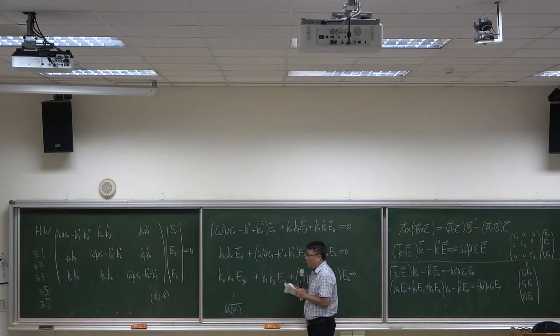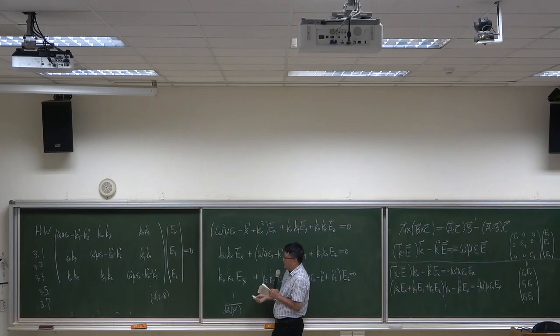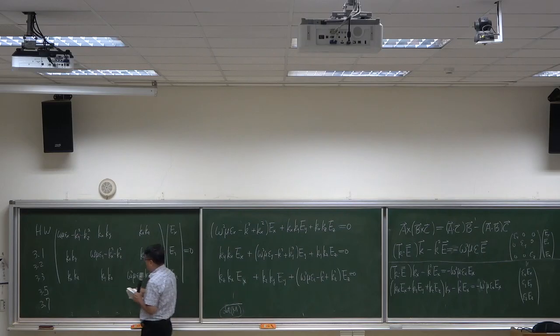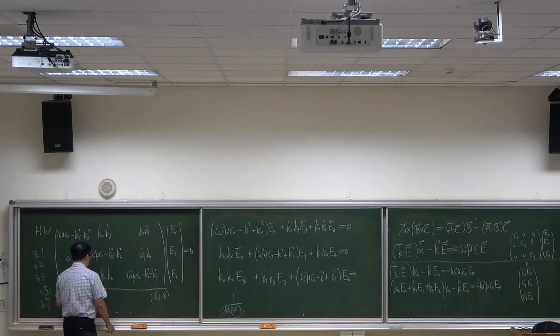So if we want E not equal to 0, the determinant of the matrix must be equal to 0.